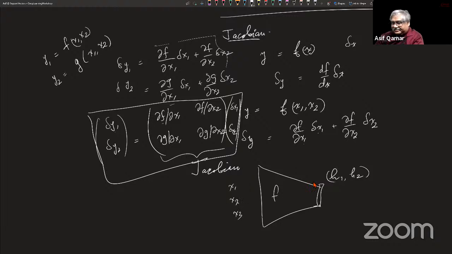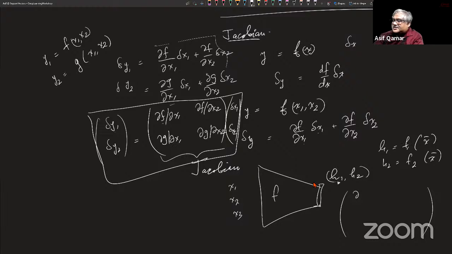I'm taking an example, right? Now I can say that I have two functions. H1 is f1 of the x vector, and H2 is some other function, let's say g, of the x input. And once again I can create this matrix.